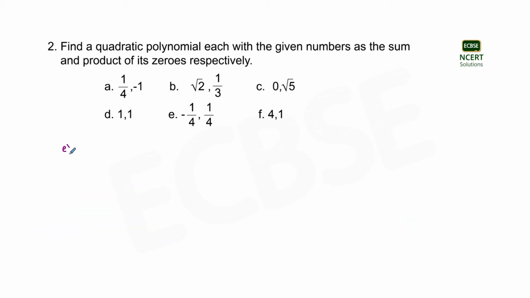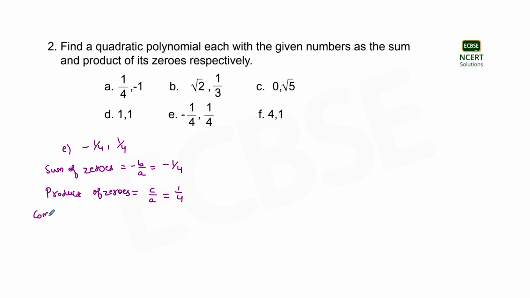Now coming to the E part, here the numbers provided are 1/4 and -1/4. So sum of zeros, which is equal to -b/a, is equal to -1/4, and product of zeros, which is equal to c/a, is equal to 1/4.